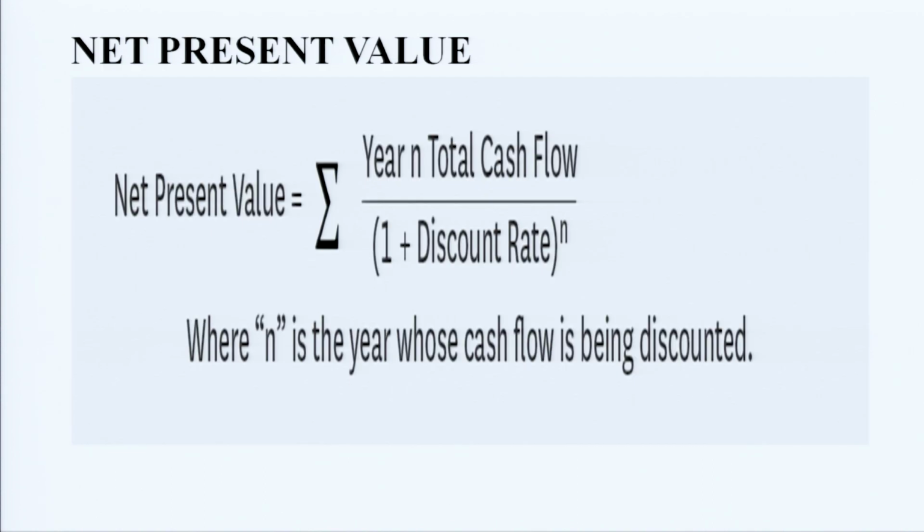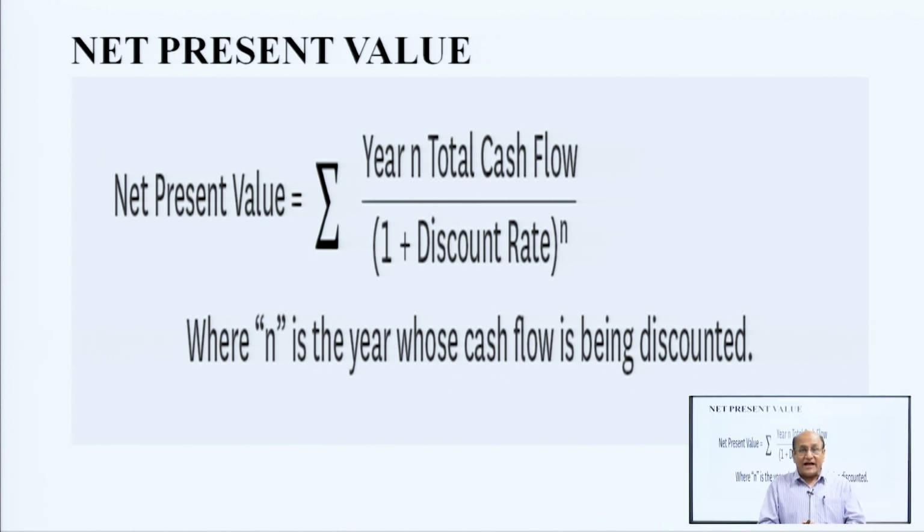The net present value will be equal to the sum over year n of total cash flow divided by (1 plus discount rate) to the power n, where n is the year whose cash flow is being discounted.